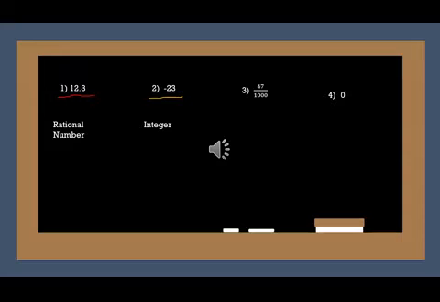The next one, 47 over 1,000. Can anyone tell me what this number might be? Donovan? Yeah, probably a rational number. That is correct, Donovan. It would be a rational number because it is written as a fraction, so we know it can be written as a fraction. Good job. Now the tricky one.